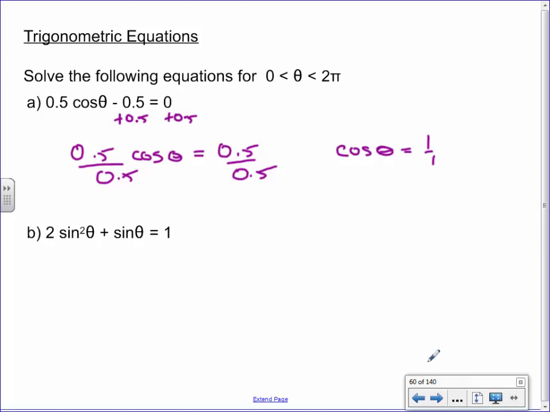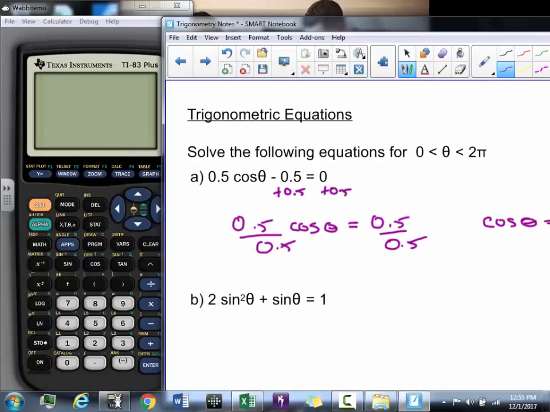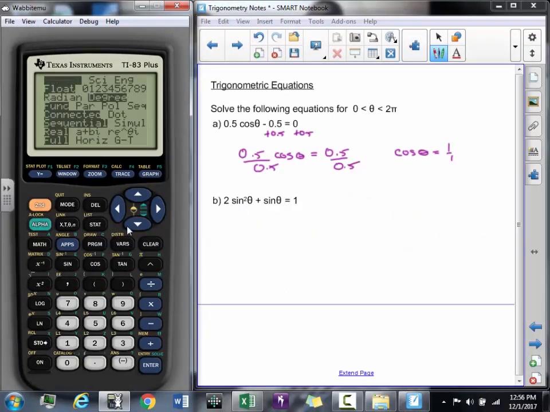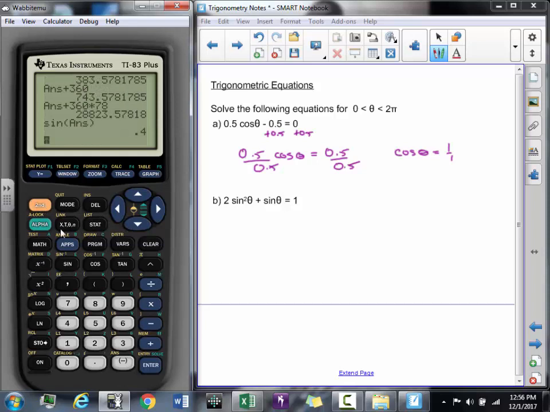Okay. Why don't I go to my calculator now? I'll do it in degrees just to make it simpler right now. What we could do is inverse cosine 1 over 1, and this should tell us an answer. 0. Okay, let's think about this for a second here. 1 over 1.